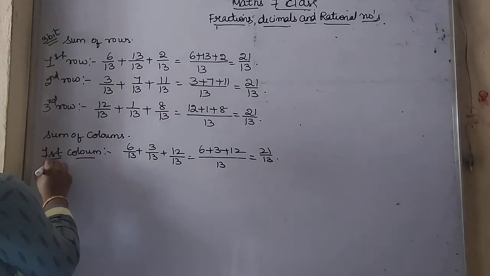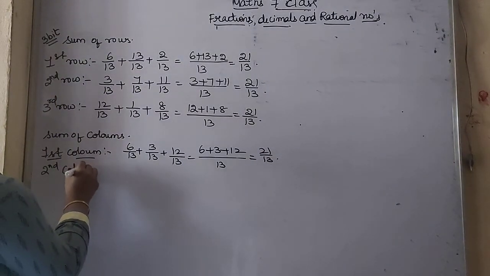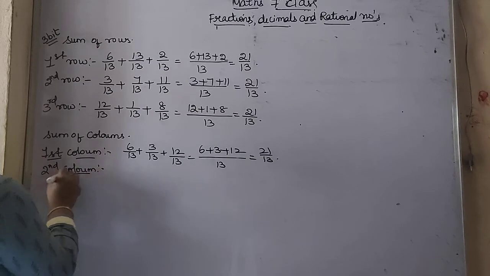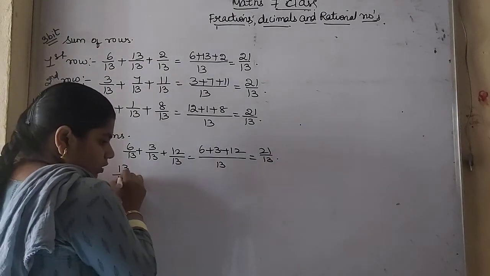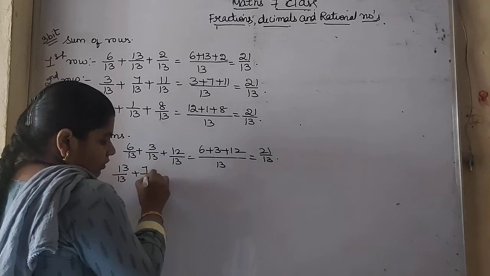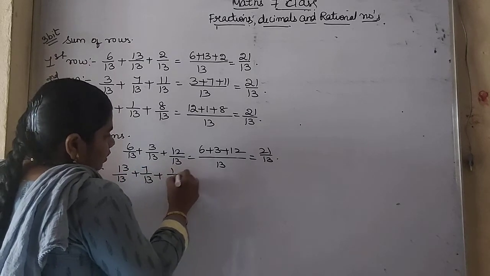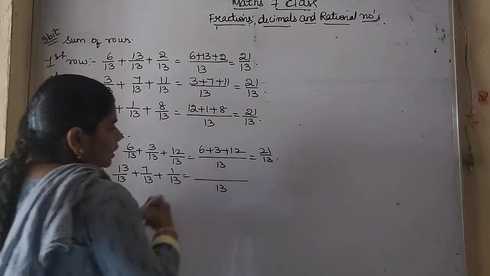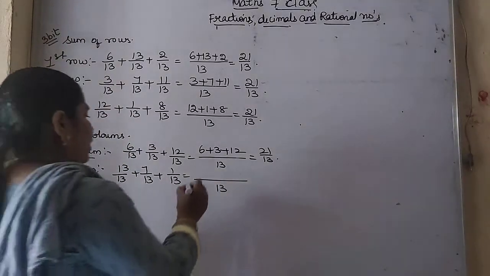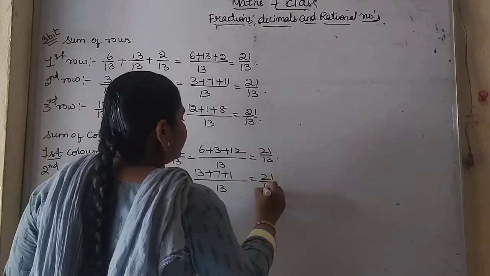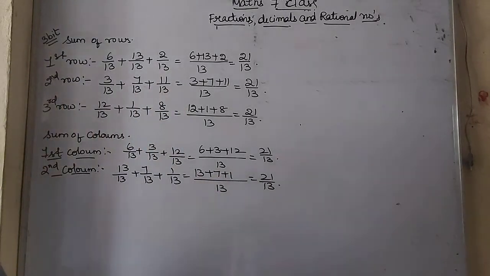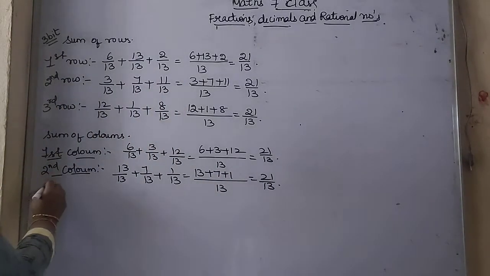So second column. So what is second column? That is 13 by 13 plus 7 by 13 plus 1 by 13. So all the values will be equal 13. Add the numerator values. 13 plus 7 plus 1, that will be equals to 21 by 13. So second column is also 21 by 13.